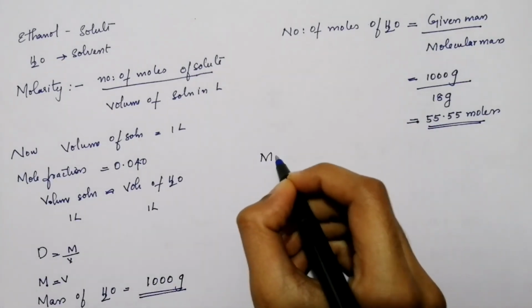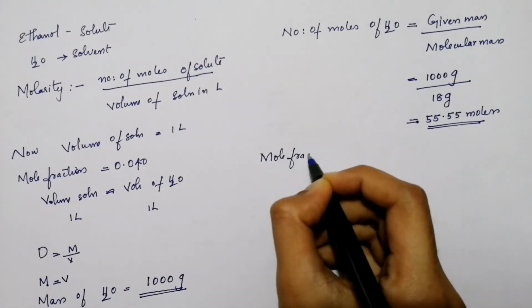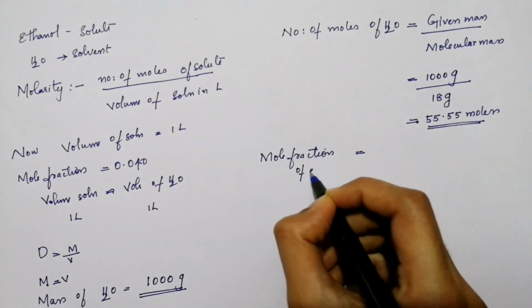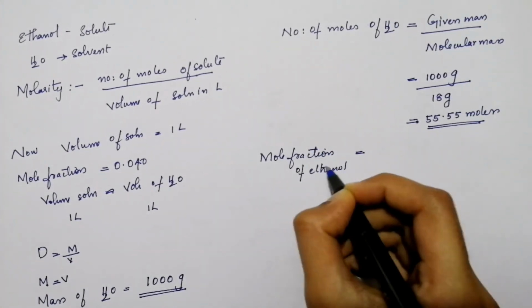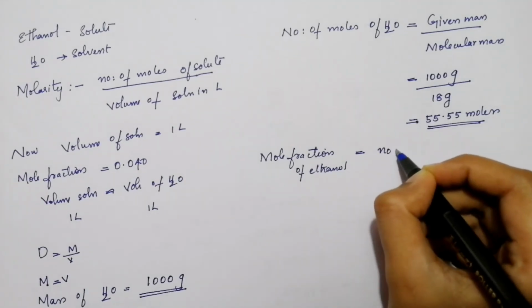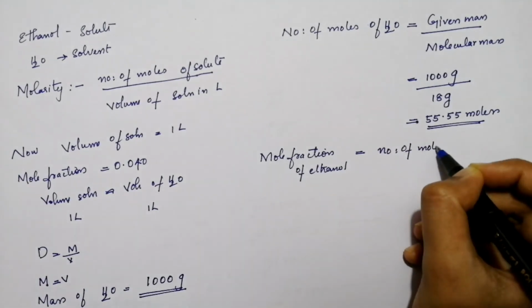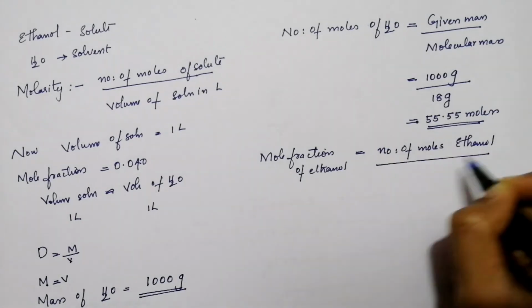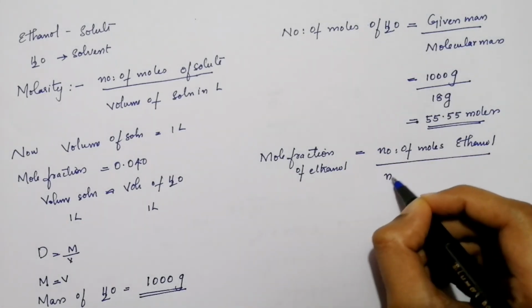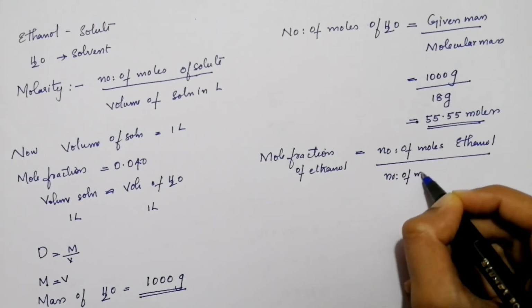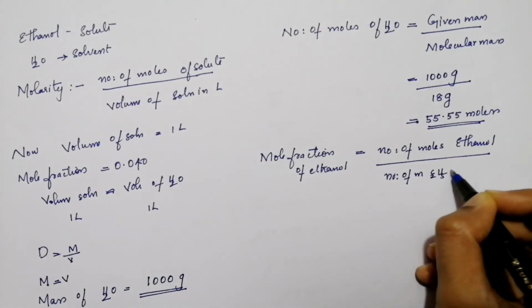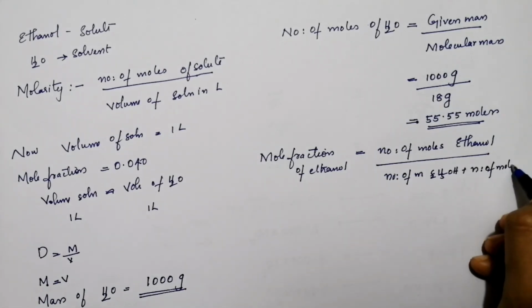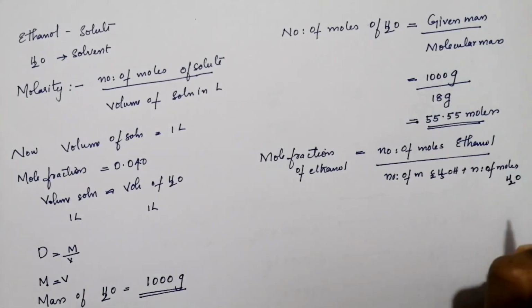Now let us look into the equation of mole fraction. We know that mole fraction of ethanol is equal to number of moles of ethanol divided by number of moles of both ethanol and water. I know this equation is familiar to you all.